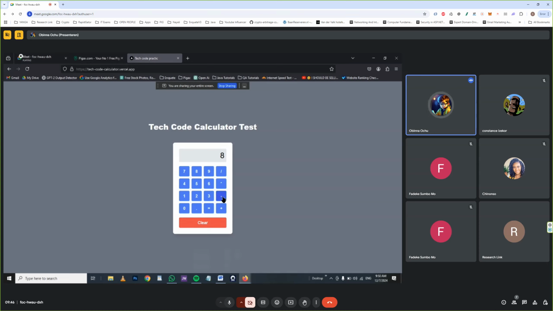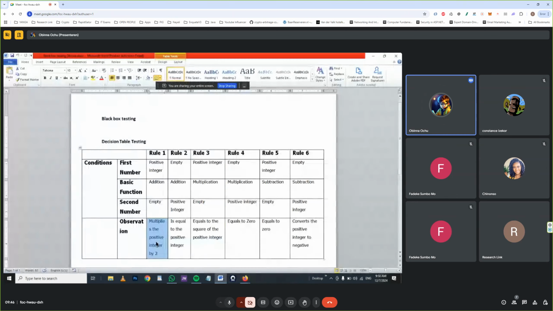So 8 plus nothing gives me 16. That's how the calculator works. I tried it with other numbers, so maybe 7 plus nothing. I'm not pressing anything, I just go straight to equal to, and it gives me 14. So this is a set of inputs, and this is the outcome, this is the result that I got.